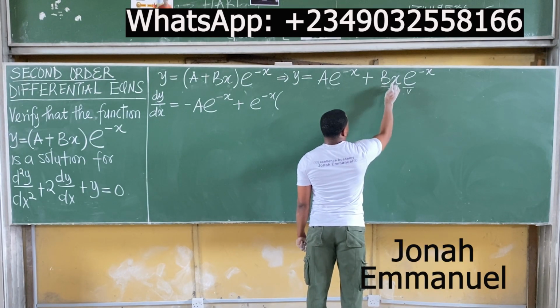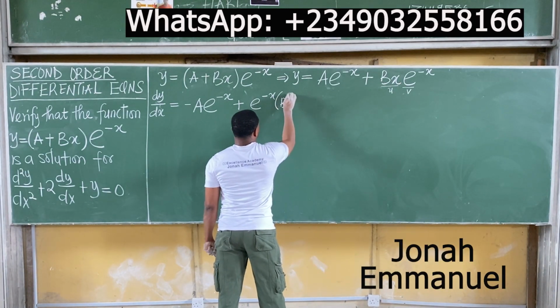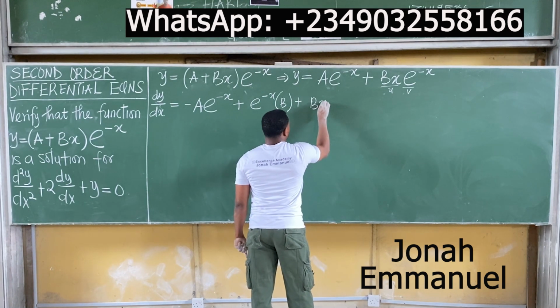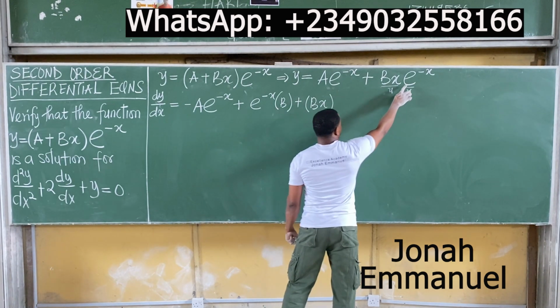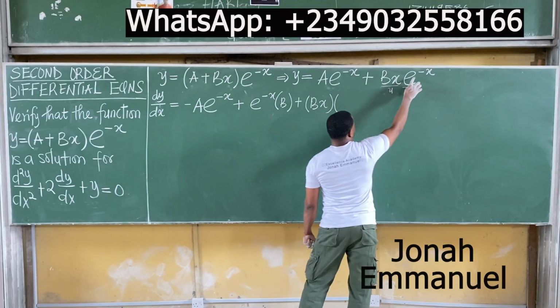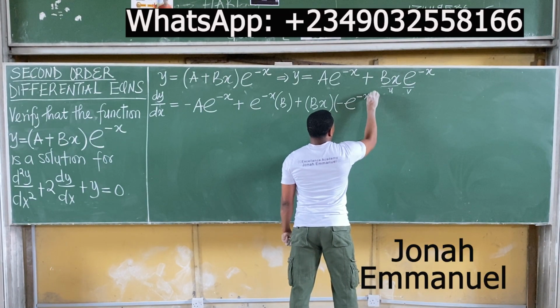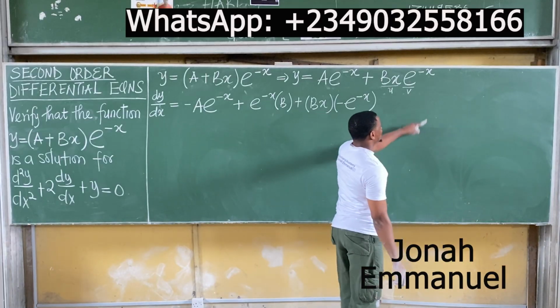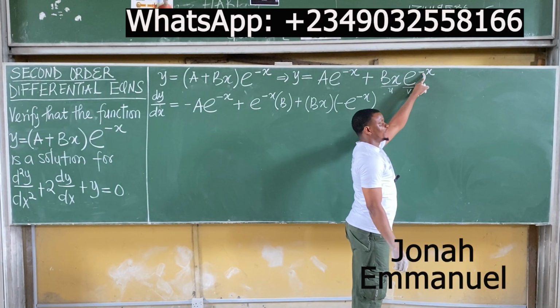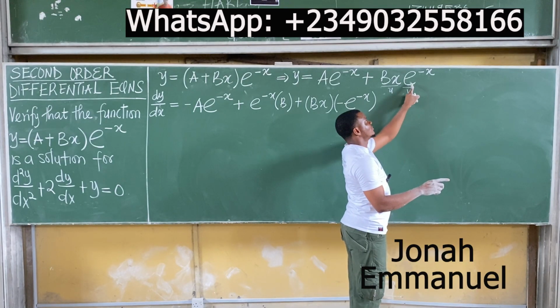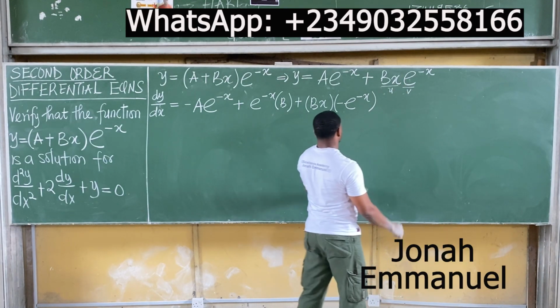If I differentiate bx, what do you get? b, that's a constant. Plus u, which is bx, times dv/dx. Differentiate exponential minus x, what do you get? Minus exponential minus x. The task is again, focus on the power. Differentiate minus x gives you minus 1. Minus 1 times, I'm working with just v now, so minus 1 times this gives you this.